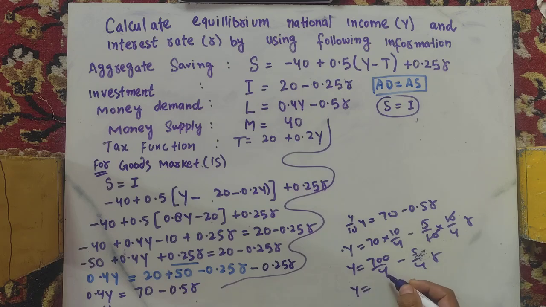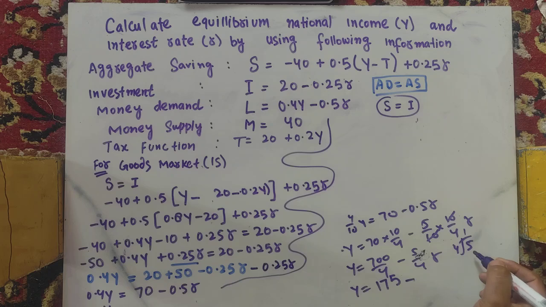So y will be equal to, 4 sevens are 28, 4 fives are 20, so 175. Now 5 upon 4: 4 ones are 4, 4 twos are 8, 4 fives are 20.